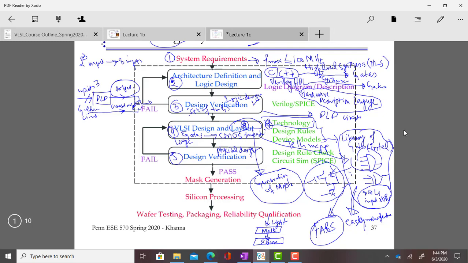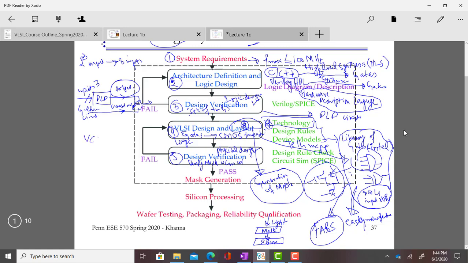The purpose of this step is to verify if the mask is correct, because remember, if the mask is not correct, your silicon will be faulty.